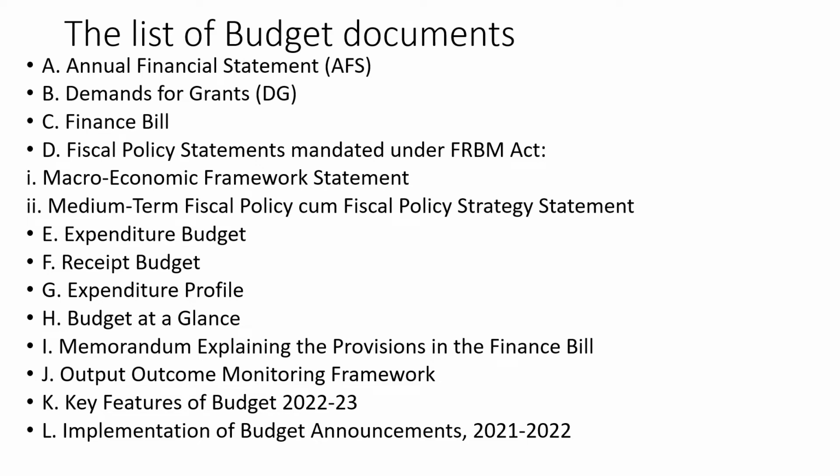Then we have the expenditure budget, receipt budget, expenditure profile, budget at a glance, memorandum explaining the provisions in the finance bill, outcome monitoring framework, key features of the budget, and finally the implementation of the budget announcement, with respect to the implementation of the previous budget announcement.